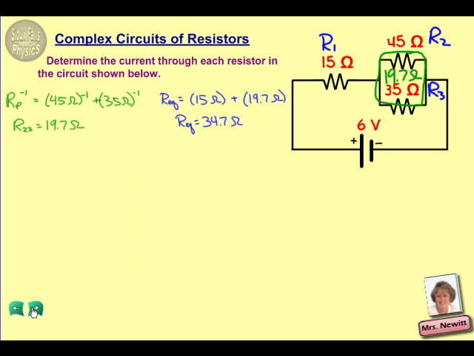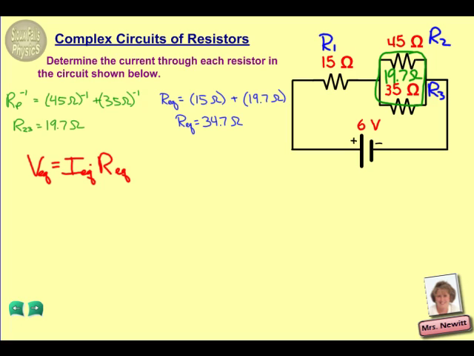Now again, notice that the equivalent resistance was never actually asked for in the question, but before we do any further application of Ohm's law, we need that total amount. Now we can take that amount of resistance and include that in Ohm's law applied to the entire circuit.